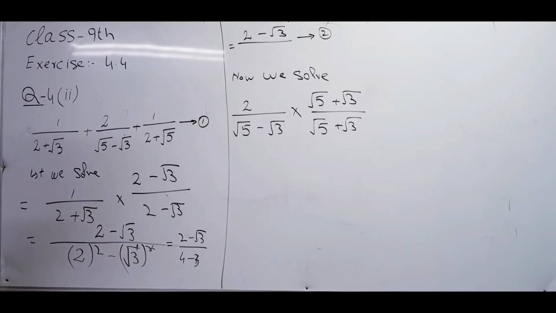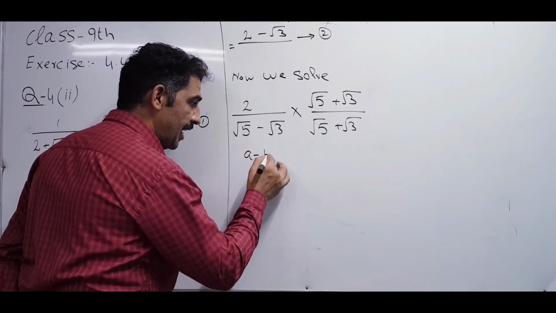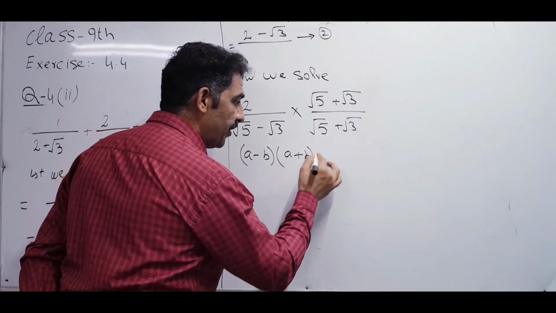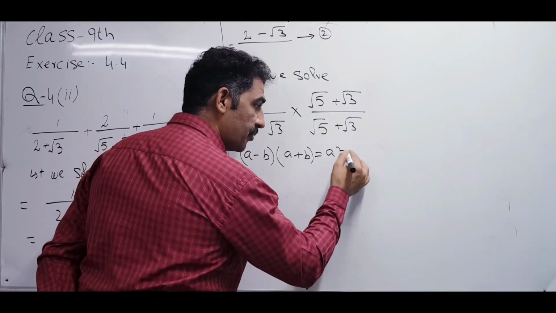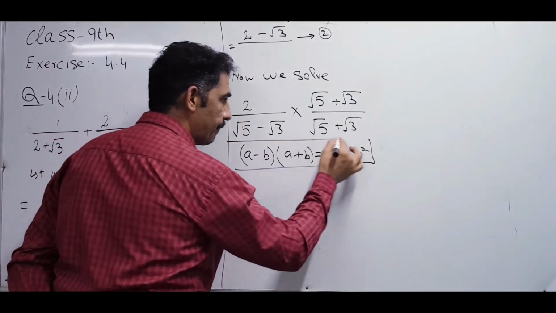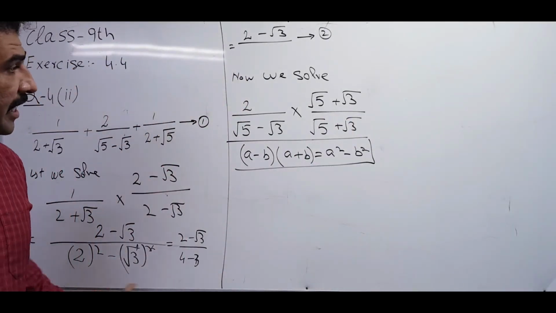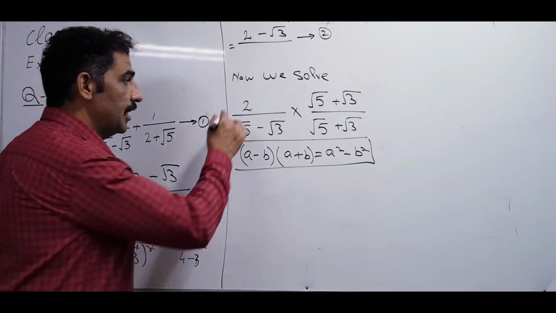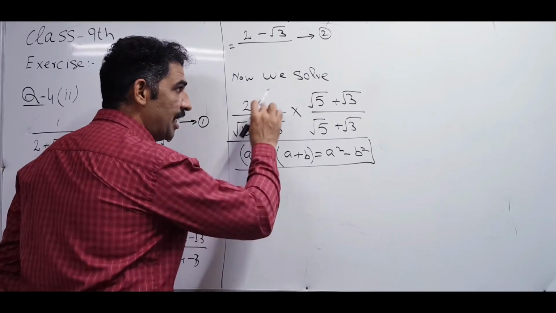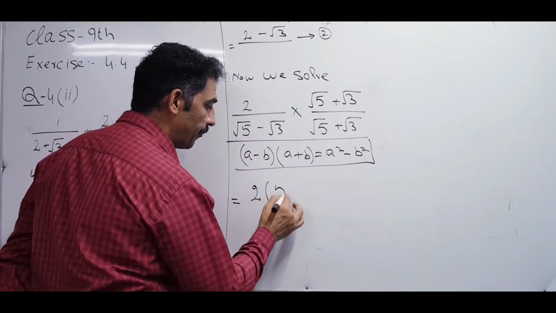Correct? In the denominator, what is that formula? As I told you before, a minus b into a plus b is equal to a square minus b square. Good. So this formula we will apply in the denominator here. You can multiply 2 with both terms. When 2 is multiplied with both terms, first we will write it like this, then in the next step we will simplify.